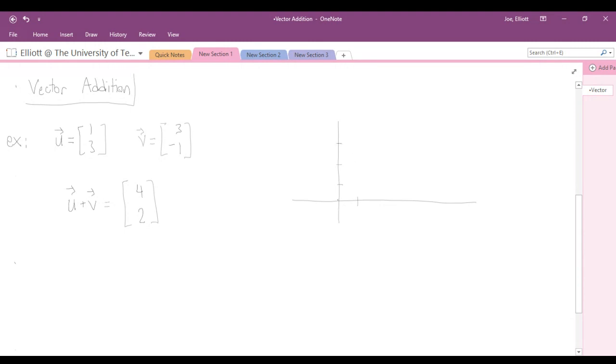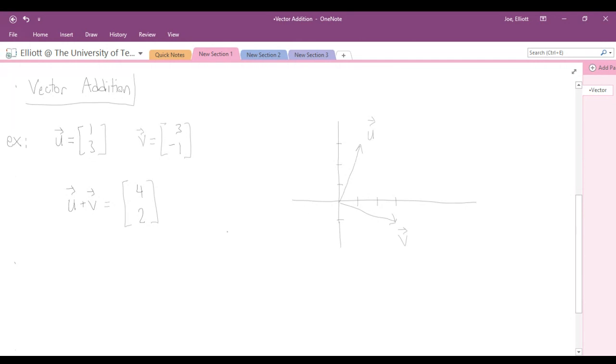So here I'm going to draw the vector 1, 3. So that's my vector u. If I draw the vector 3, -1, so down here like that, that would be my vector v.